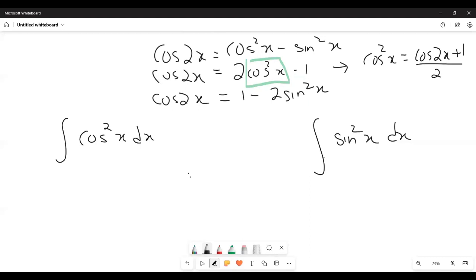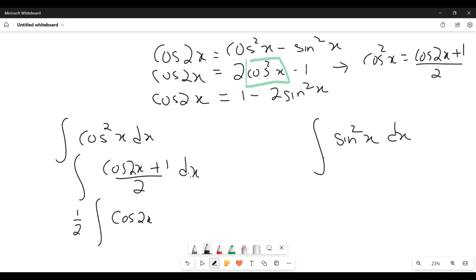I'm going to replace this with cos 2x plus 1 upon 2 dx. The denominator is a constant. You can send it outside of the integration sign. We get half integration of cos 2x plus 1 dx.